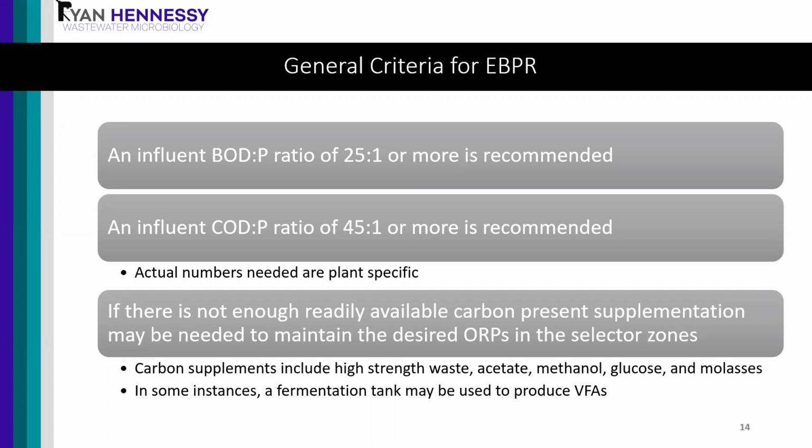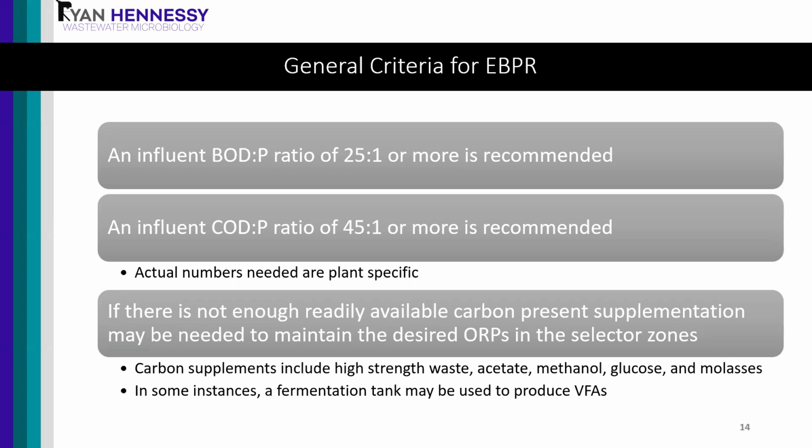General criteria for enhanced biological phosphorus removal. When you look at the influent BOD to total phosphorus ratio, generally, if it's greater than 25-1, it's a good candidate for BioP. COD 45-1 would be kind of a recommendation. So actual numbers are very plant specific, and it's also very dependent on what is the BOD like, because not all BOD is the same.